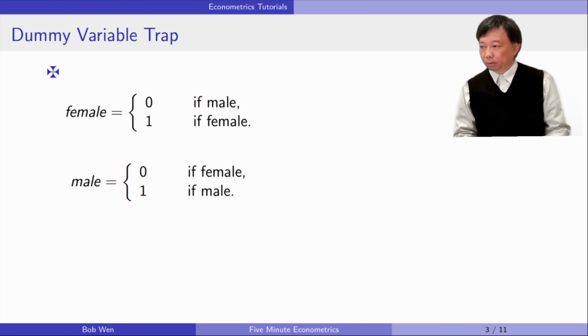For example, another binary variable, male, equals 1 for male workers and 0 for female workers. If we include both female and male dummy variables in the model, along with an overall intercept, we fall into the dummy variable trap by introducing perfect collinearity.